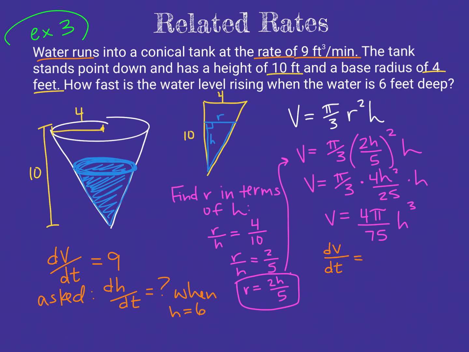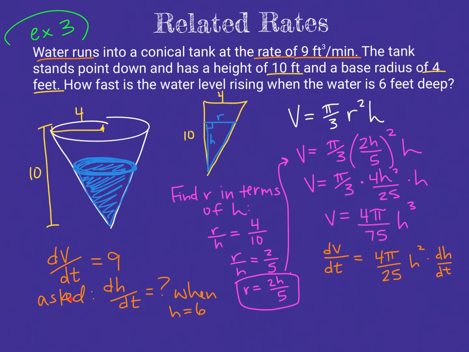equals, we'll bring the 3 out front. The 3 cancels with the 75 when we are taking the derivative, so we'll have 4 pi over 25 h squared, and then using the chain rule, we'll have times dh/dt. Now this is great because we got rid of r, so we don't really care about r at all. We know dV/dt is 9 at this specific moment, or actually always.